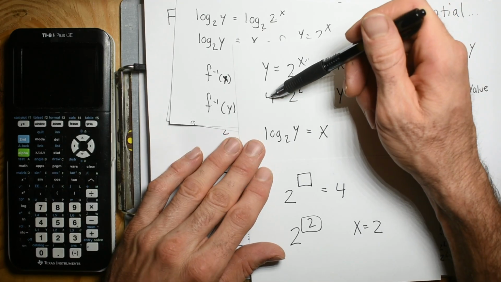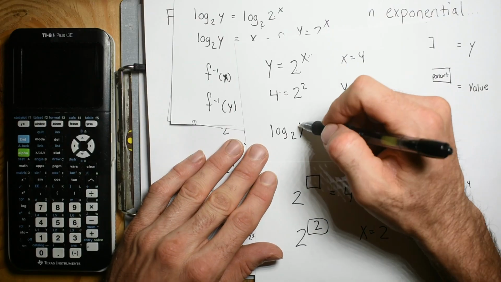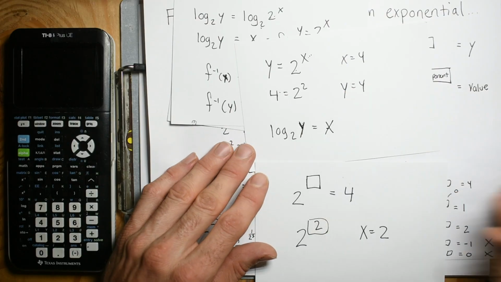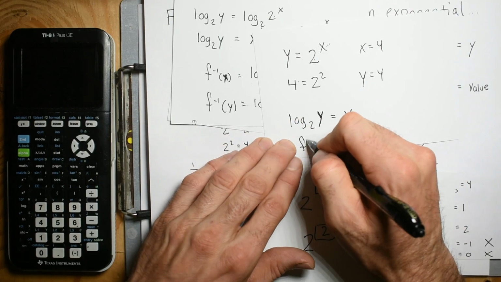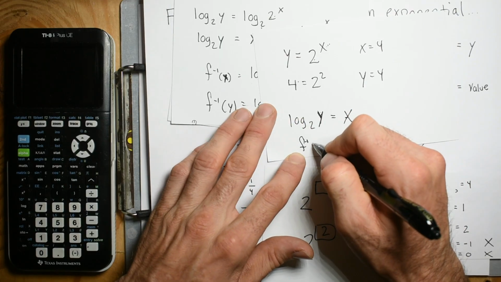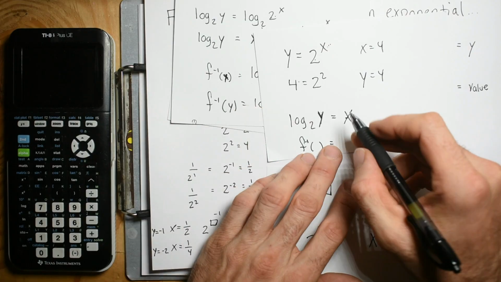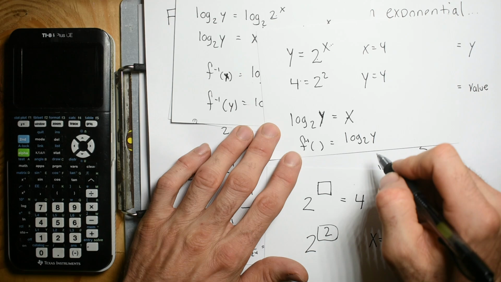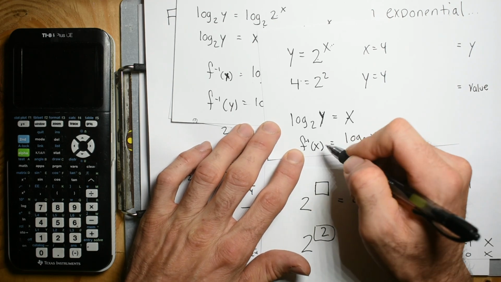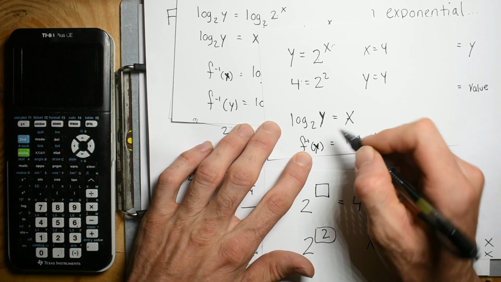We take that 4 and put it into an equation, and even though you write it like this, if we're going to write our inverse equation, it's going to be like this: log base 2 of y is equal to x.